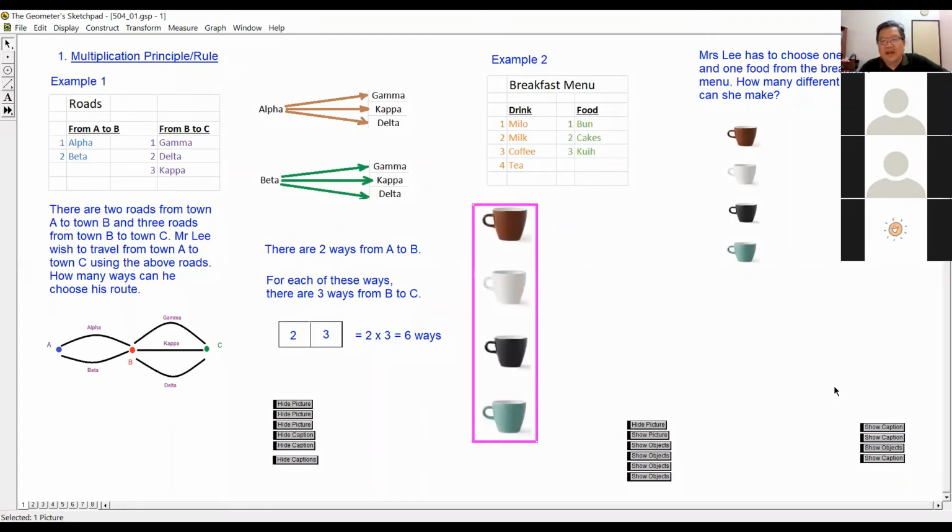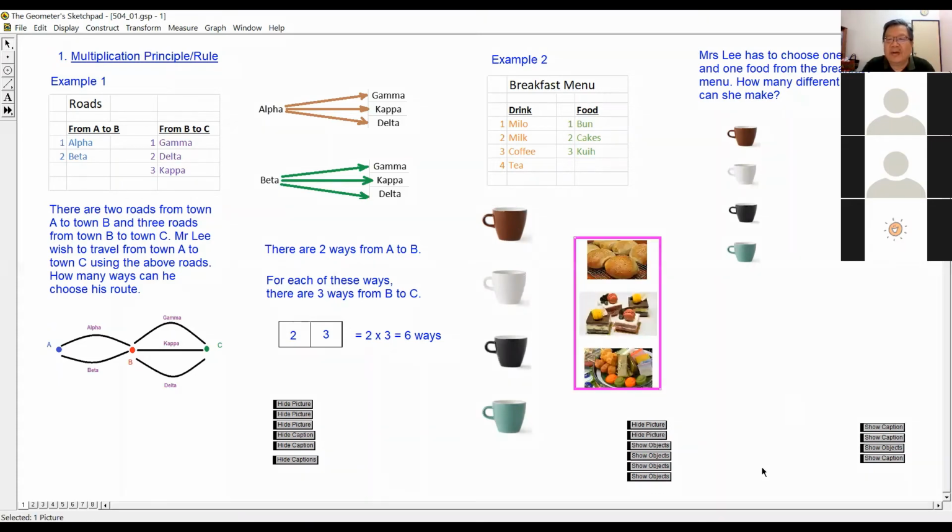First one, if you want to choose a drink, there are 4 types of drink: Milo, milk, coffee, or tea. Now, let's say if Mrs. Lee choose a cup of Milo, okay, then the next one will be she can either choose bun, cakes, or kueh. Kueh is very popular.